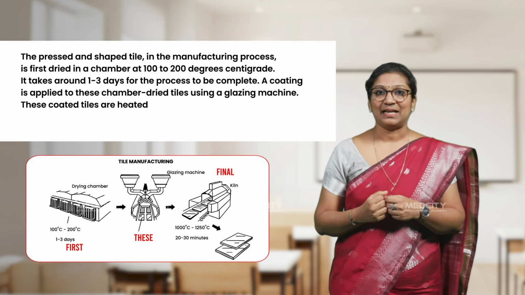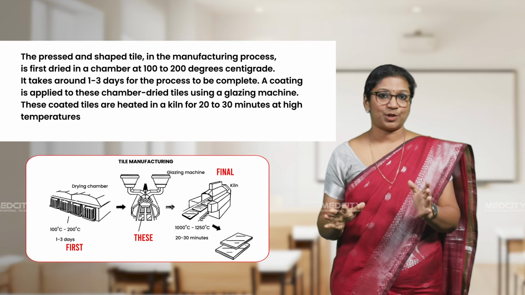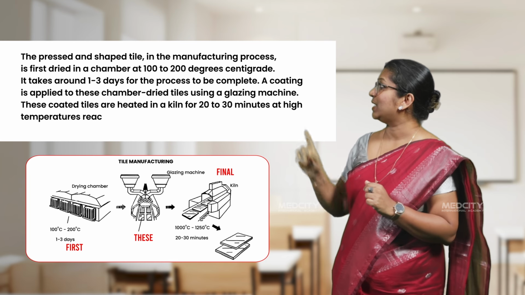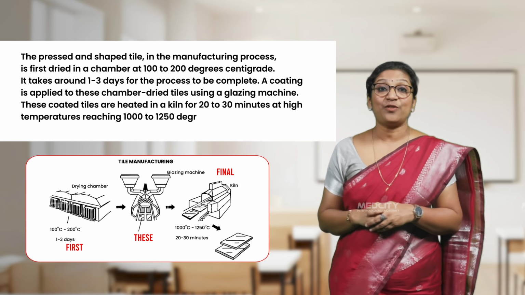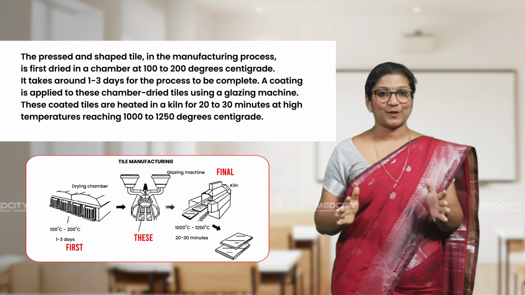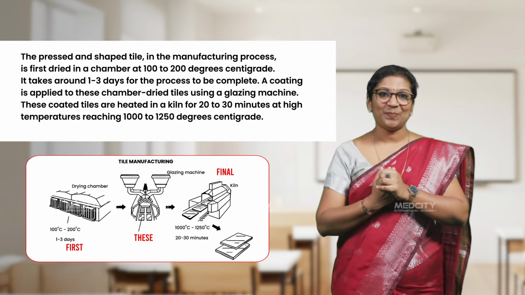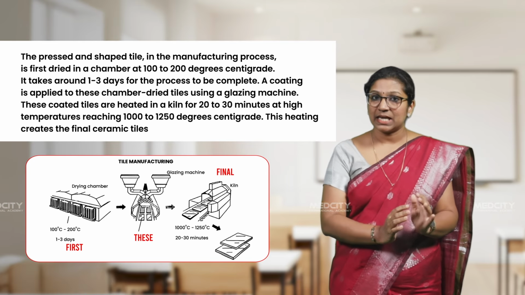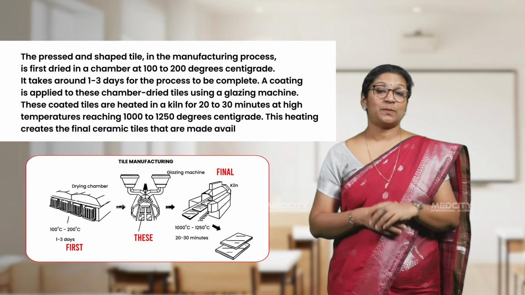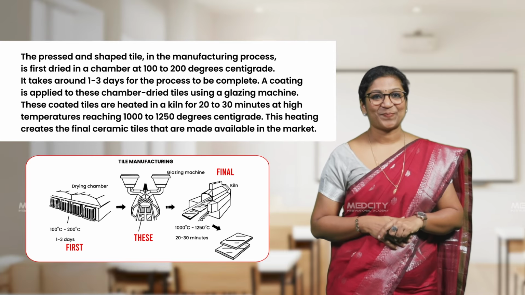They're heated in a kiln for 20 to 30 minutes at high temperatures, reaching 1000 to 1250 degrees centigrade. Full stop. I just need to wind up my paragraph saying this heating creates the final ceramic tiles that are made available in the market. And that completes my answer.